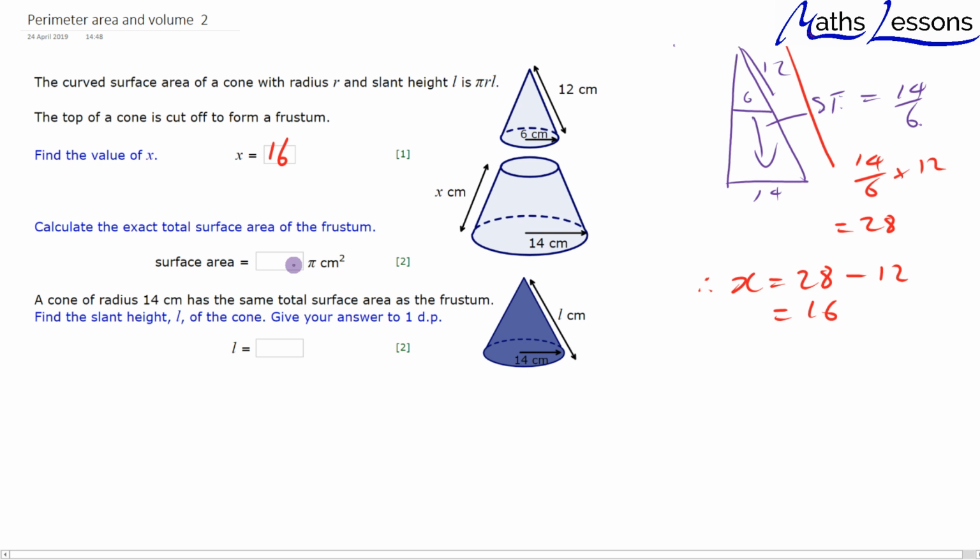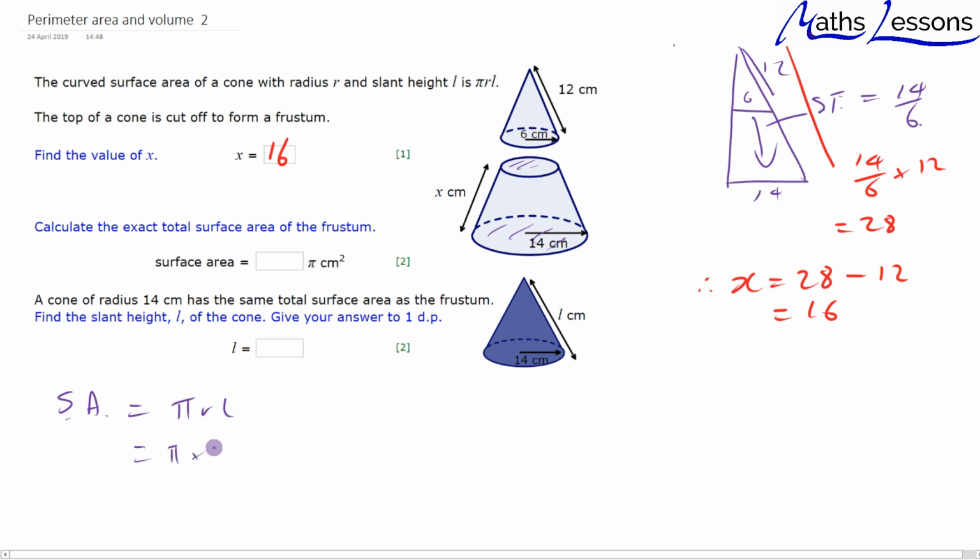Now we're going to find the surface area of the frustum. The easy way to do it is to find the surface area of the big cone and then take away the surface area of the small cone, then find the area of the two ends and add them on. So let's start with the surface area of the big cone, which is equal to pi r L, pi times r, which is 14, and L is the whole length here, which is 28.